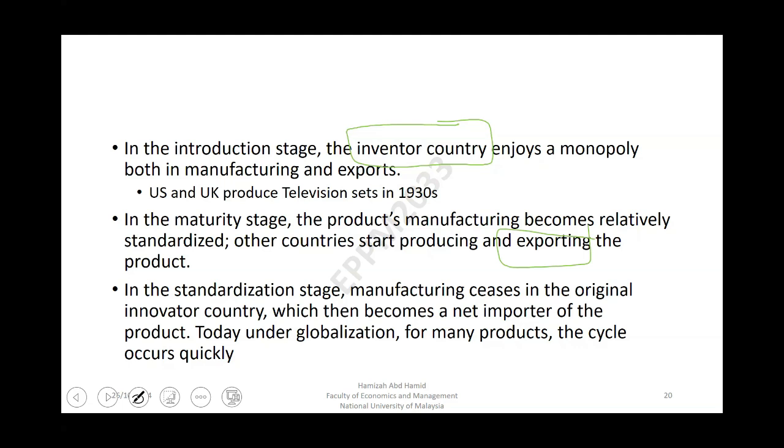In the maturity stage, the product's manufacturing becomes relatively standardized and other countries are able to produce and export the same product. Once they have reached the standardization stage, the manufacturing will slow down in the original innovator country. Then the innovator country will become an importer of the product.